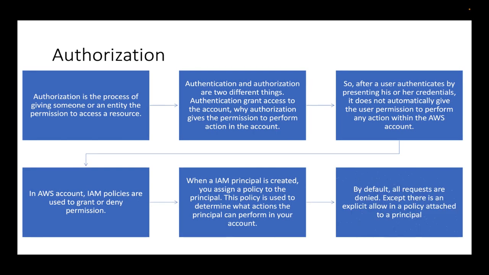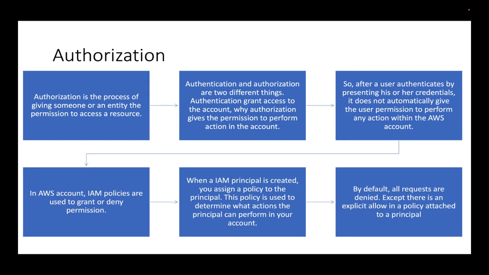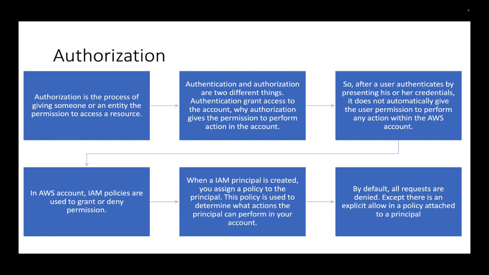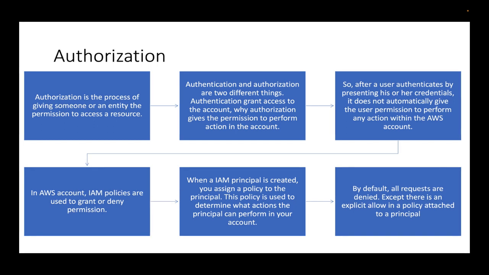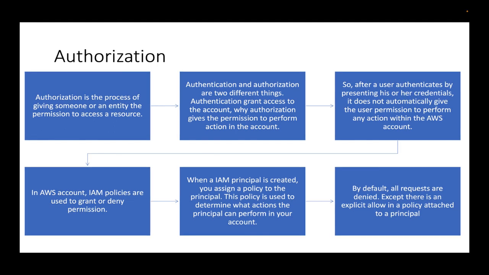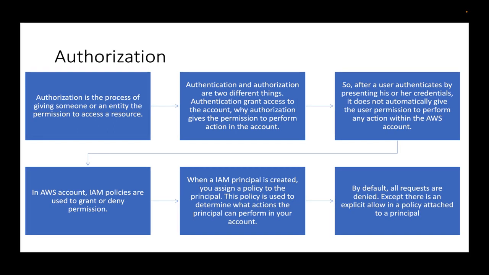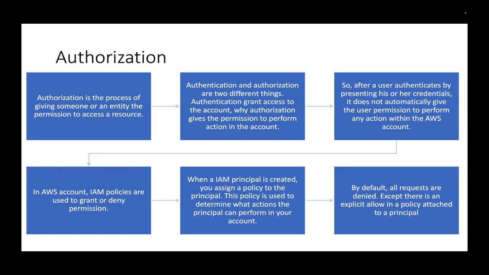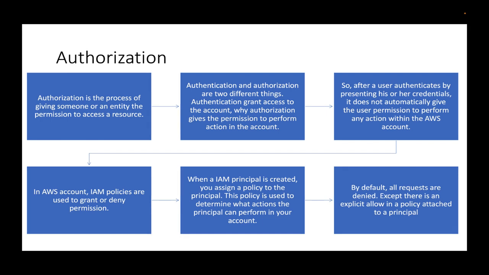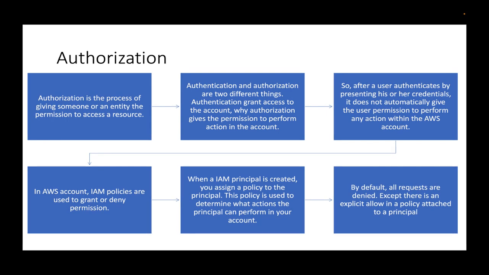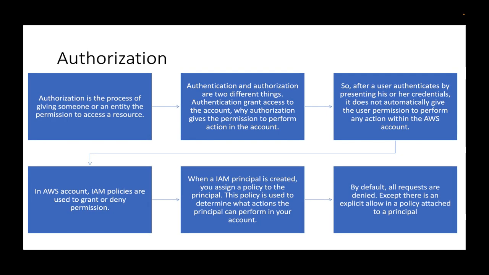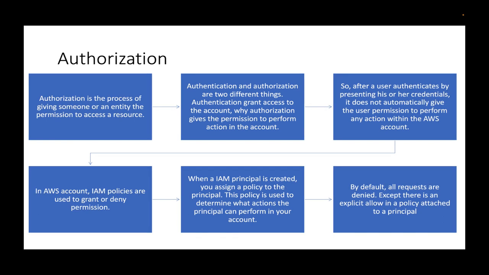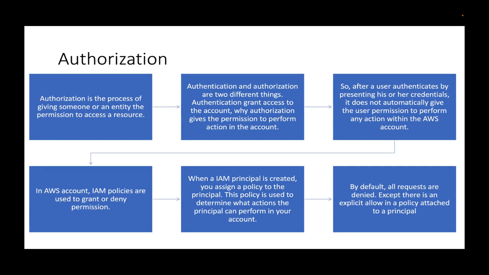By default, all requests are denied in AWS accounts except where there is an explicit allow in a policy attached to a principal. So in your AWS account, every action is denied by default unless you create a policy and attach it to the principal that explicitly allows the action. So then what is AWS IAM?